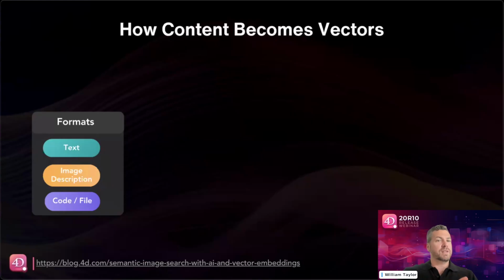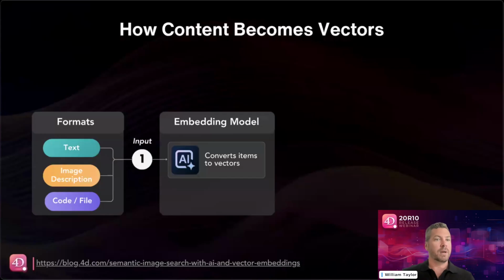So now we've seen how vector search works in practice. Let's take a step back and understand how you get these vectors in the first place. Well, you just start with about any type of content: text, image, code, or a file. The content is passed to something called an embedding model. So what exactly is a model? A model is just an AI program that's been trained to recognize patterns in data.